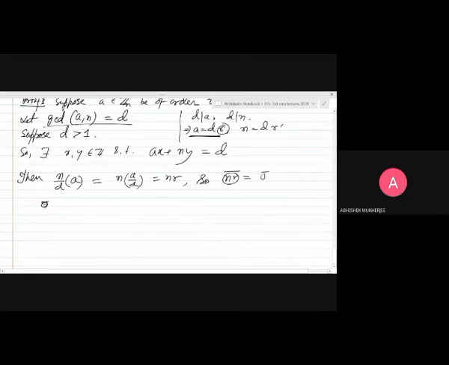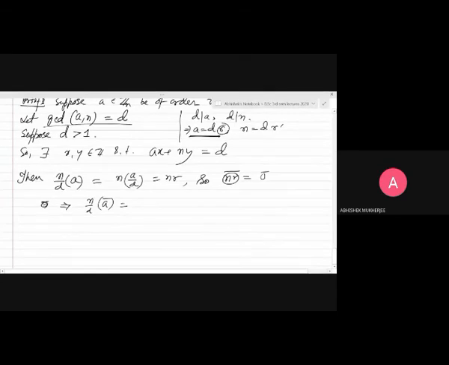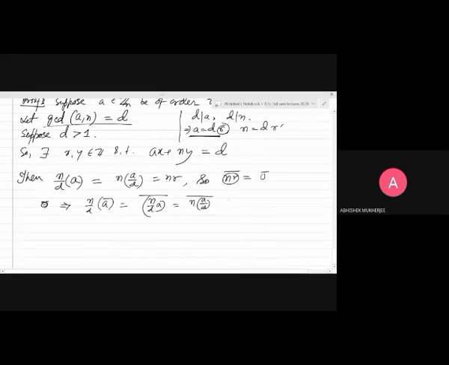That means n by d times a class is n a by d class, and that means it is the 0 class. So if you add a class up to n by d times, it gives you the 0 class.